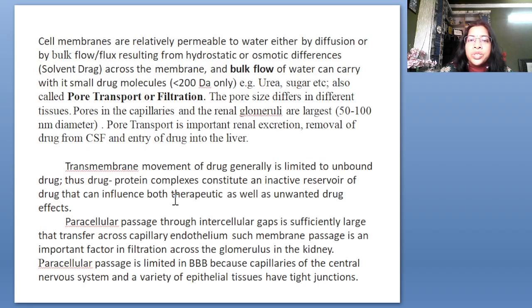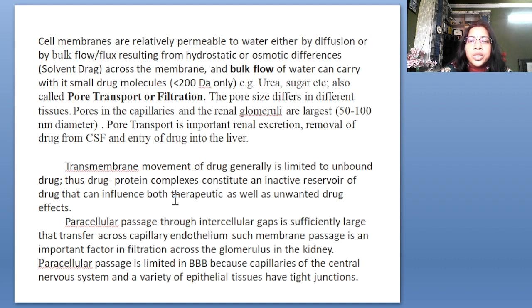Examples are endogenous substances, urea, sugar. This type of transport is called pore transport or filtration. The pore size differs in different tissues. Pores in the capillaries and renal glomeruli are largest, which is 50 to 100 nanometer diameter.